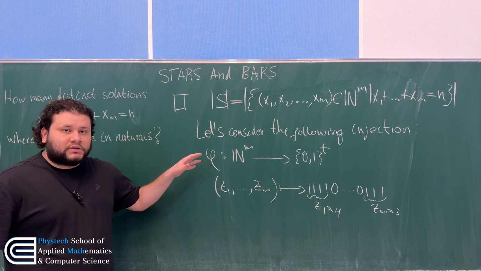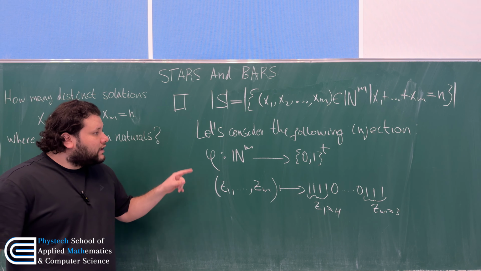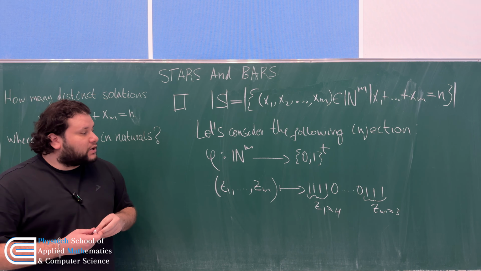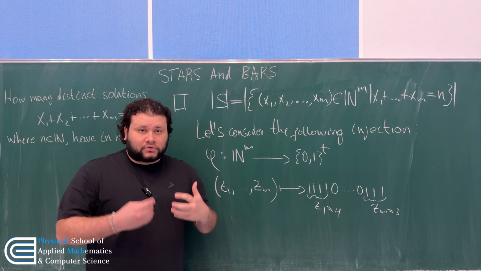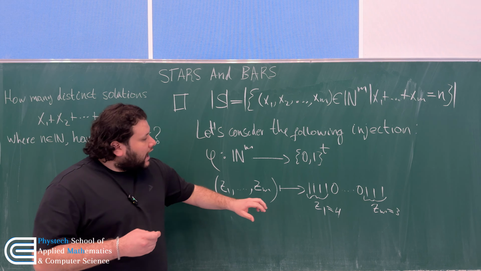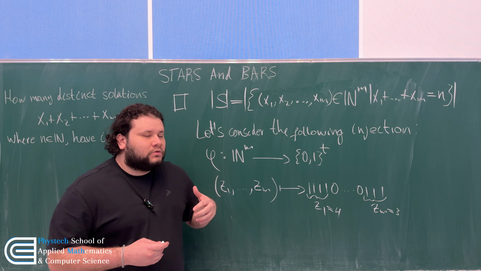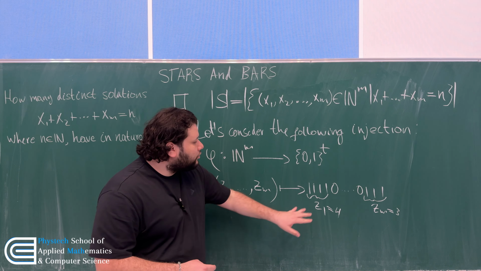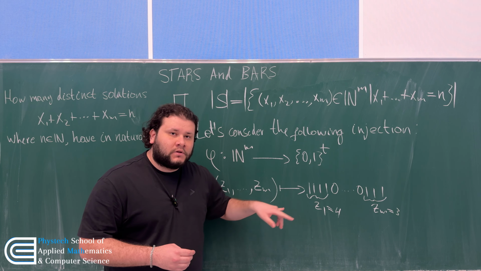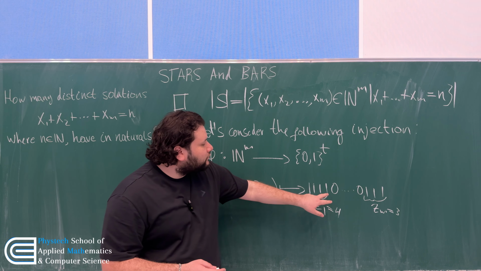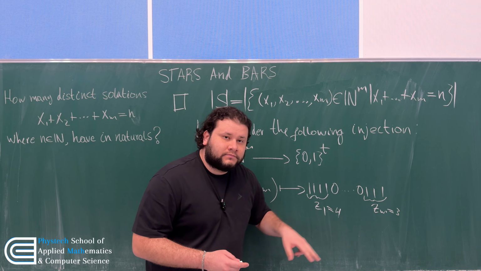We are using this injection. And why are we using this injection? Because now the problem that we want to solve is how many ways can I choose a spot for these ones, or in how many ways can I choose a spot for these zeros.